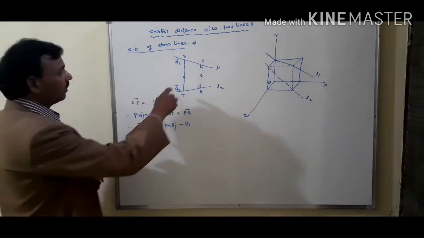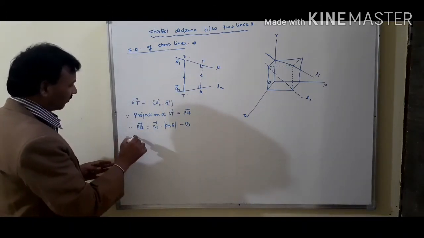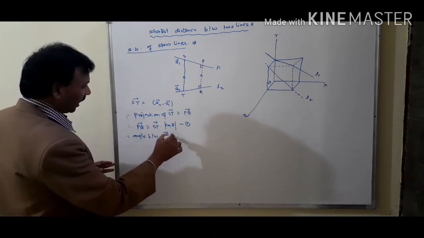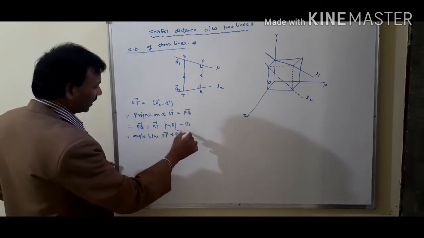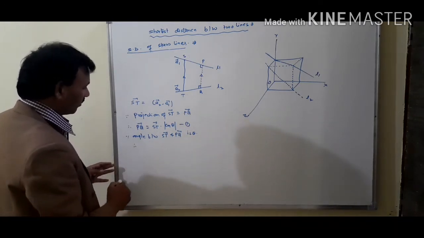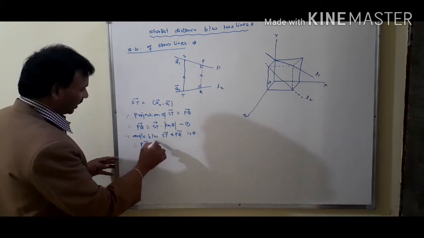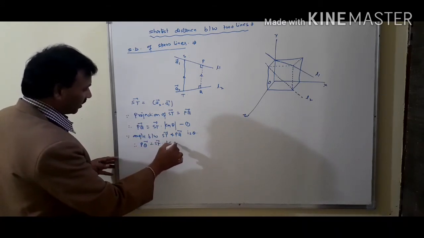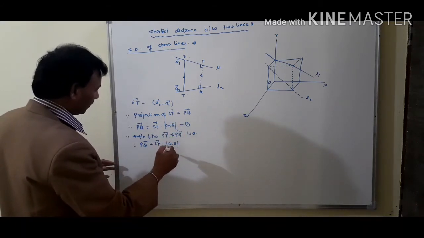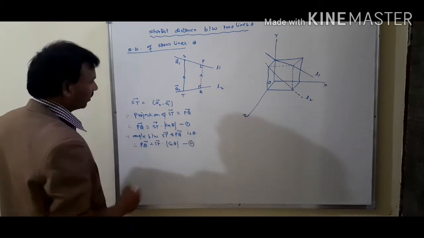Now, the angle between ST and PQ is theta, therefore PQ equals ST into cos of theta, already written in equation 1. This is equation 2.